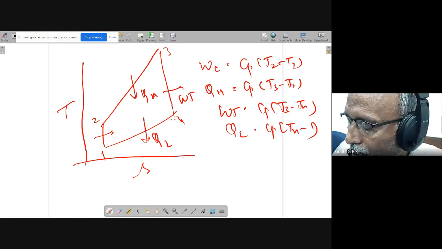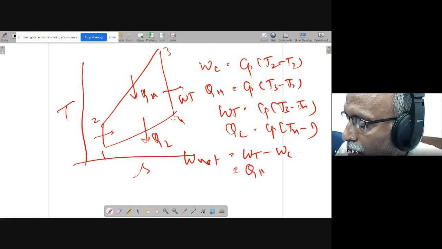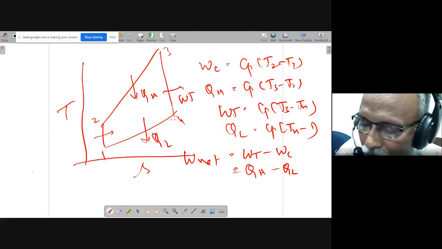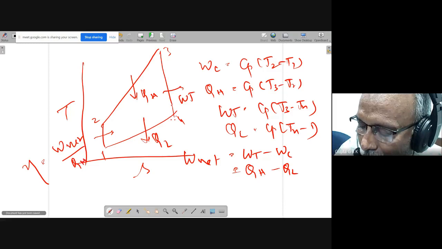And if you see here, W net is equal to Wt minus Wc. If I write it as QH minus QL also, you will get the same expressions, right? And so efficiency is equal to W net by QH. So that is the way.